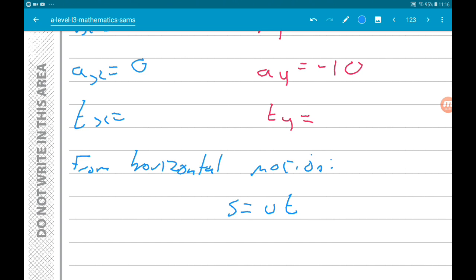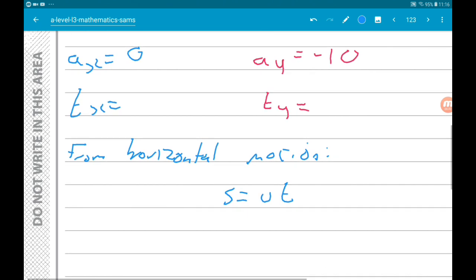So 36 is equal to 4/5 ut. Now, all that's going to allow us to do is get an expression for t in terms of u.